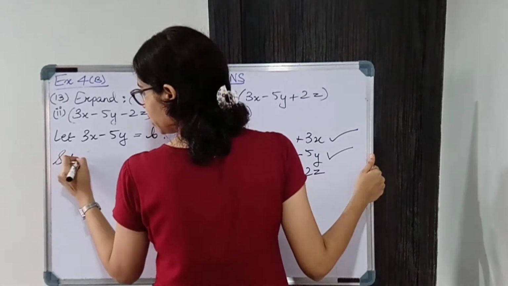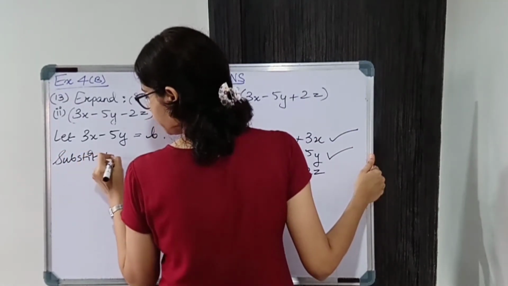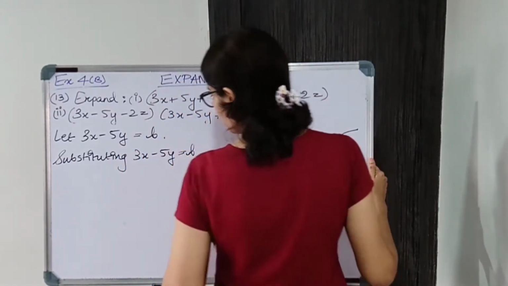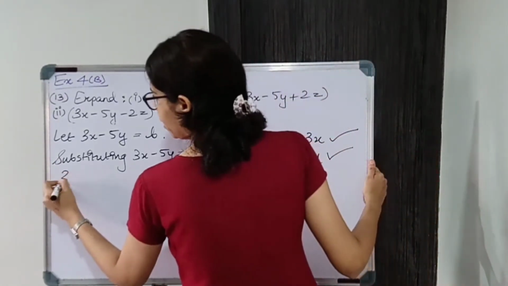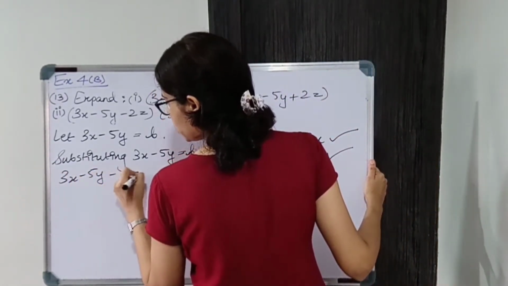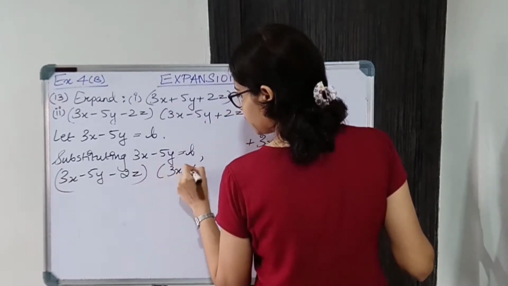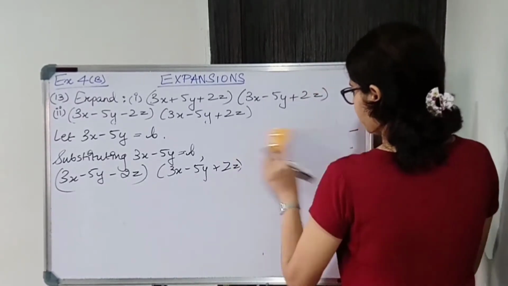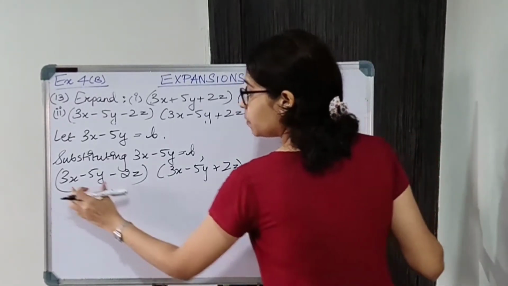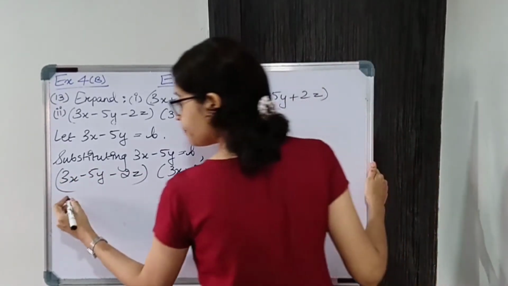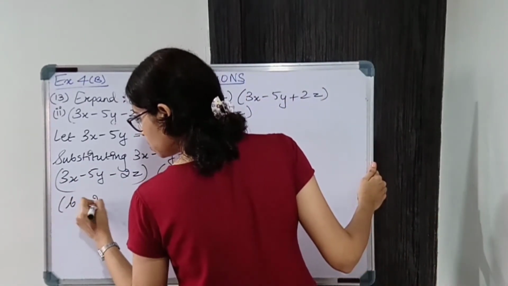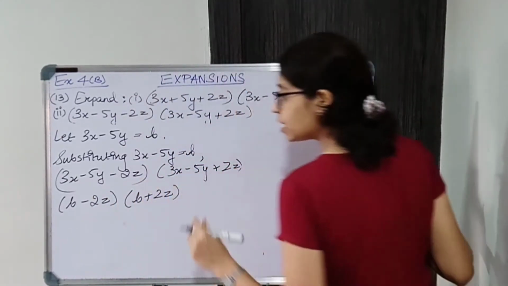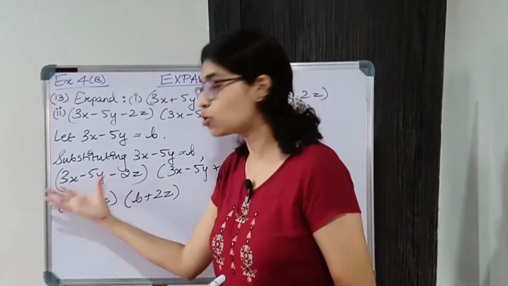So substituting 3x minus 5y equal to b. Write down the question: 3x minus 5y minus 2z, 3x minus 5y plus 2z. We'll substitute b in place of this. So b minus 2z and b plus 2z. Everything else will remain as it is, just substitute in place of this.